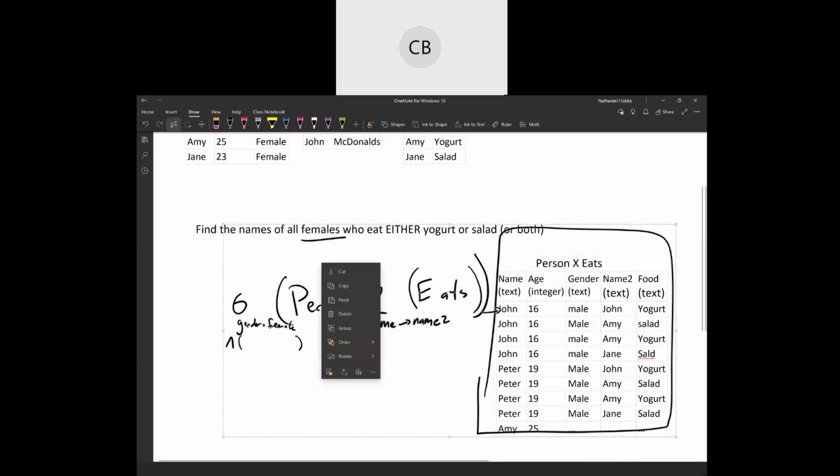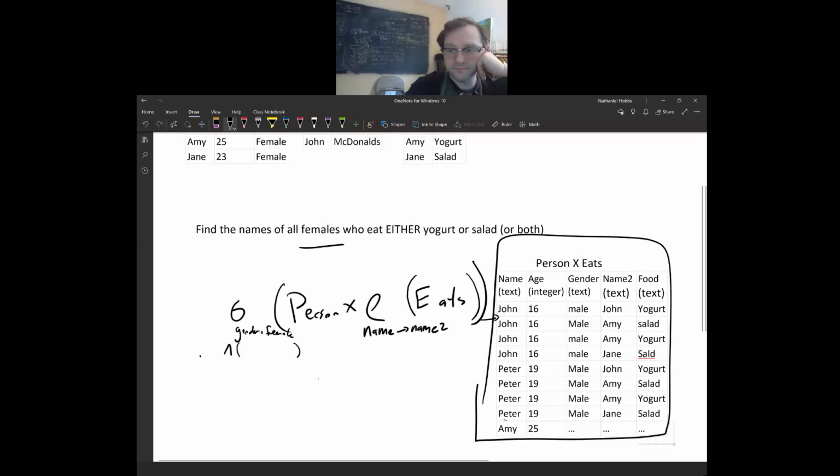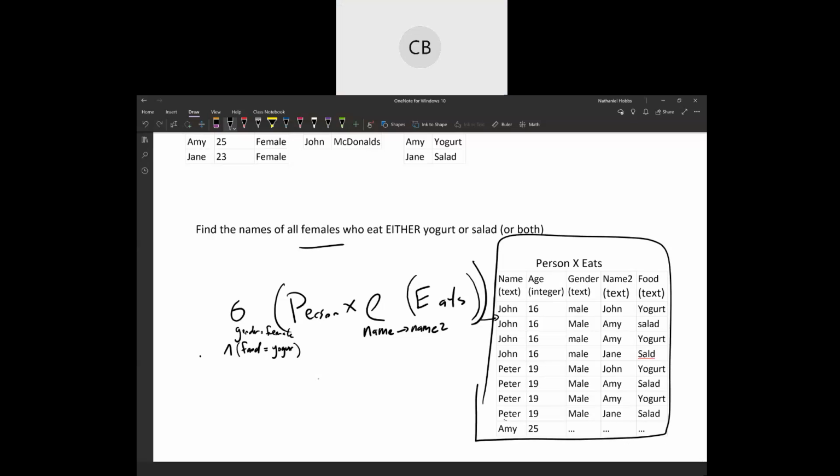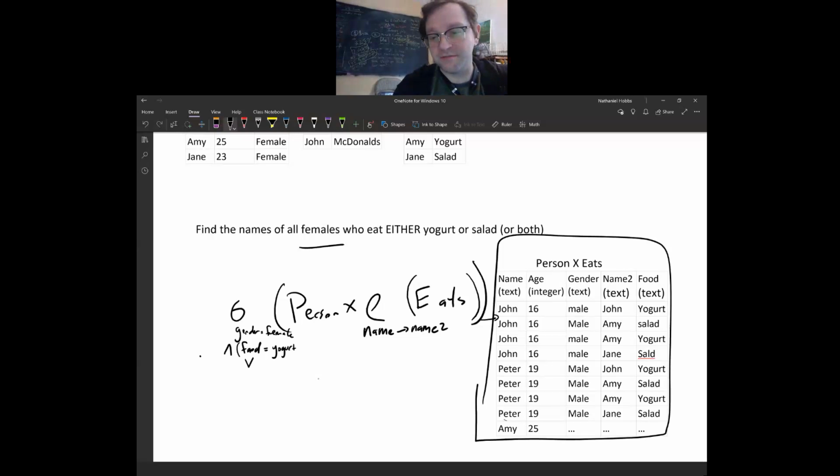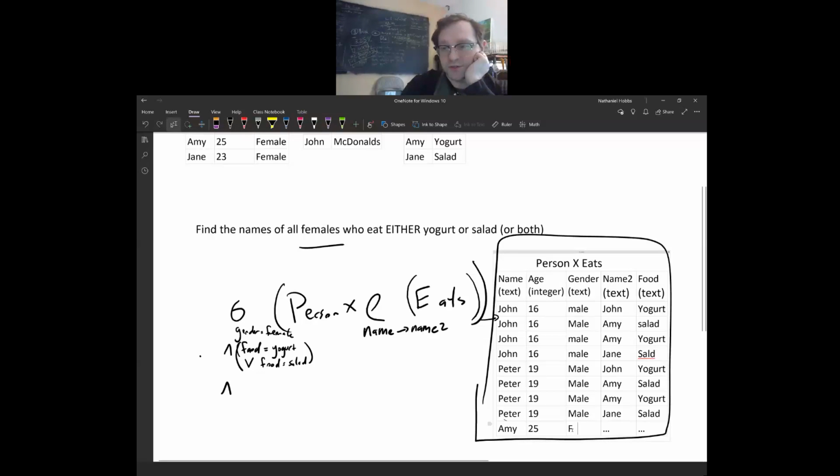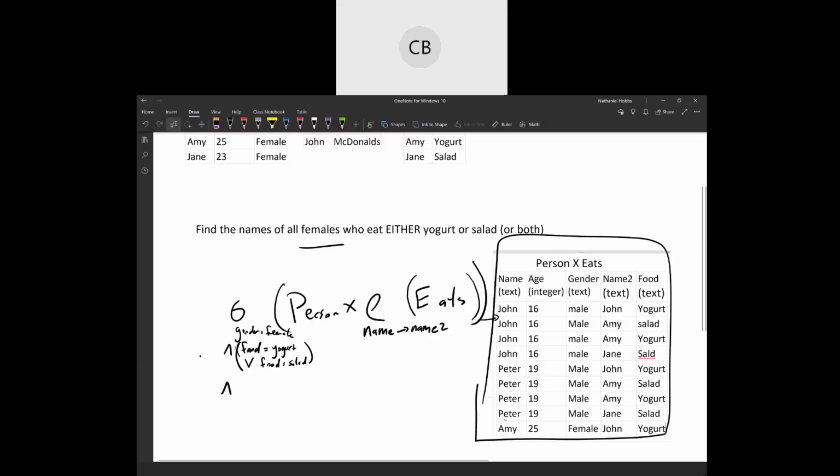Okay, so food here should equal yogurt, or food equals salad. Like that. Okay? Very good. There's one other condition. Then you would have to do an either-or, right? Because it's either salad, yogurt, or both. This includes that. That's fine.